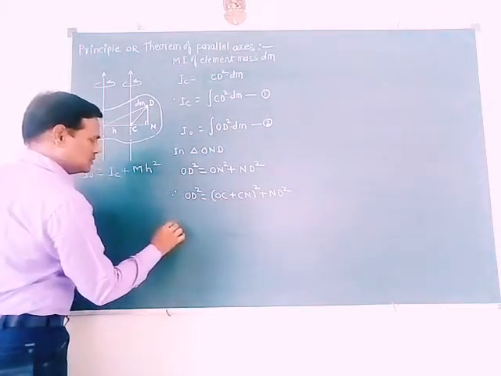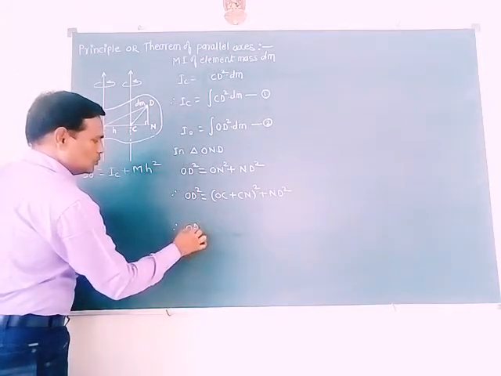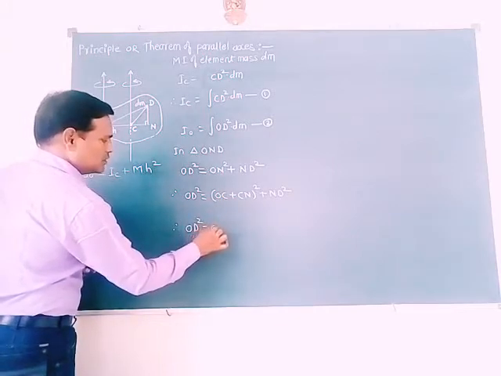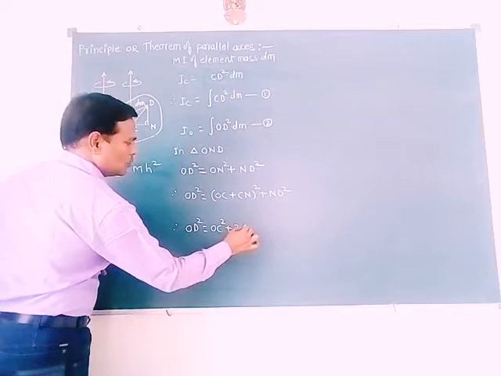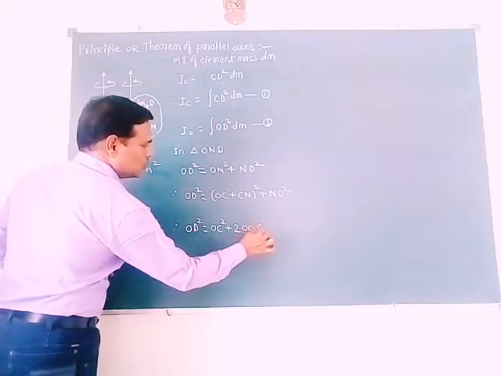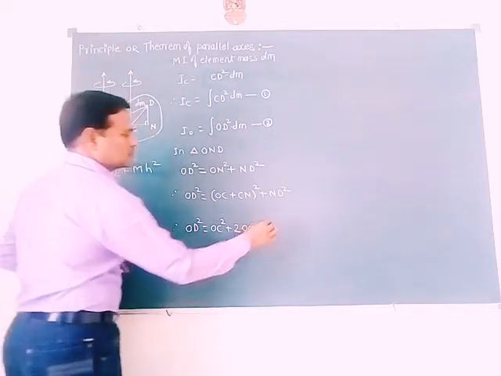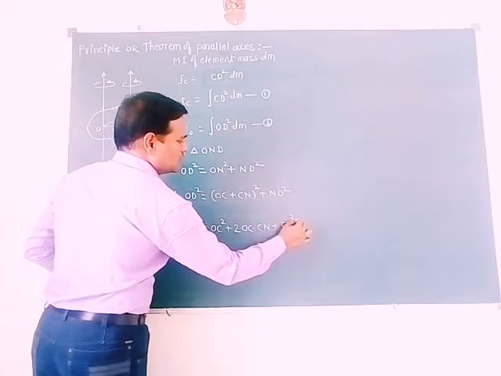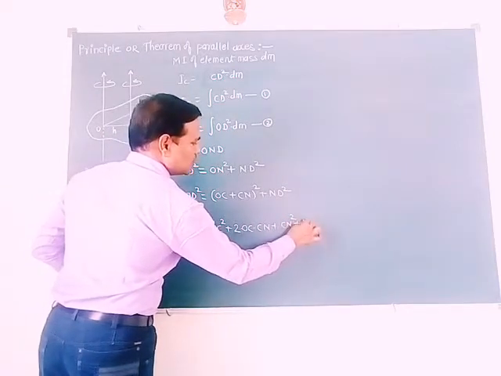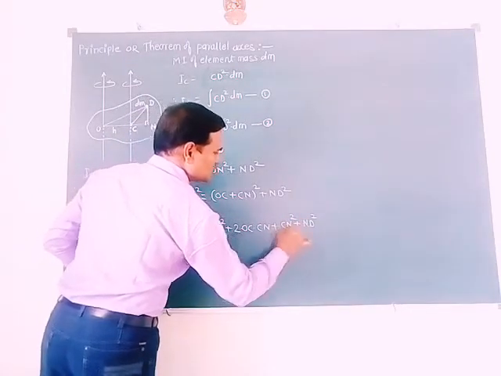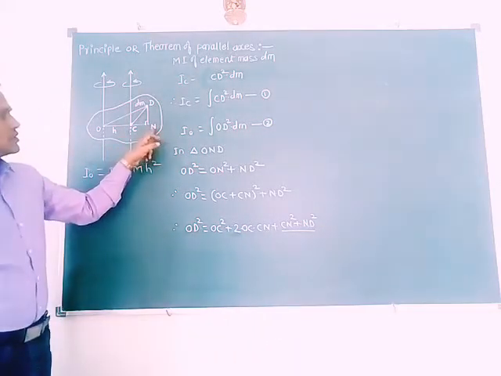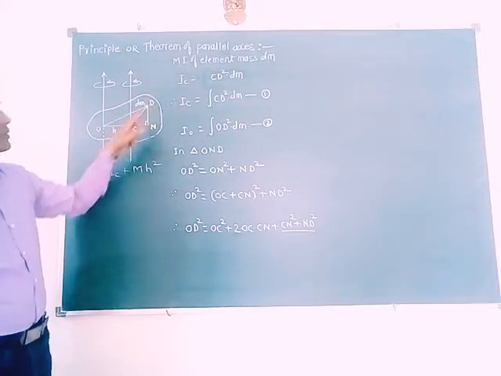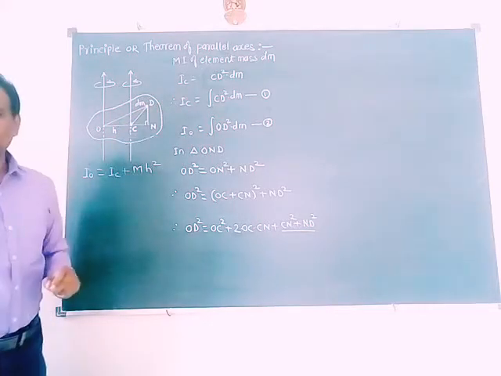Expand this. So OD square can be written as OC square plus 2 OC into CN plus CN square plus ND square. See here carefully: CN square plus ND square, in this triangle using the Pythagoras theorem, we get CD square.